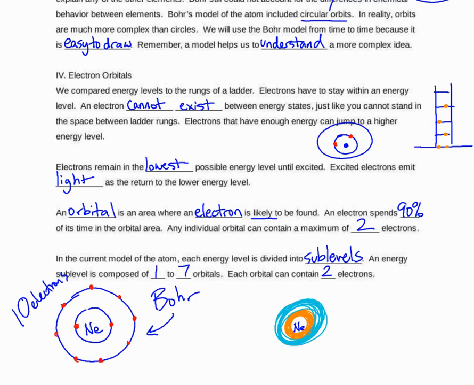But then it gets kind of weird. The next 2 electrons are going back and forth in this sort of pattern, like a figure 8. And then the next 2 are going this way in a figure 8 sort of thing. And if you're using a pencil, you might not want to draw this.